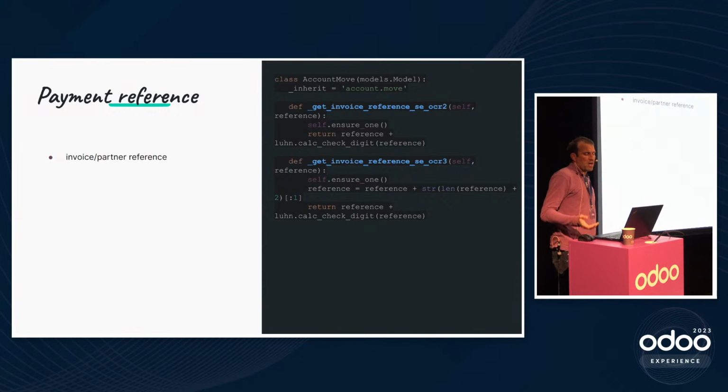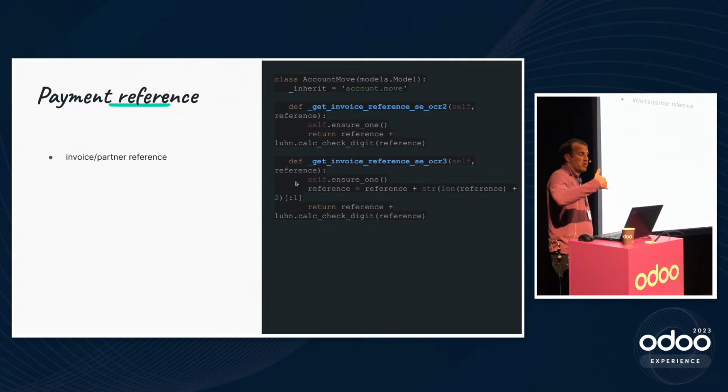One example I gave before is the payment reference. So in Sweden they have specific payment references, OCR2 and OCR3, and it's just something you can inherit. You just need to add in the selection field a new payment reference, and then make a method like this. Can be partner reference as well.